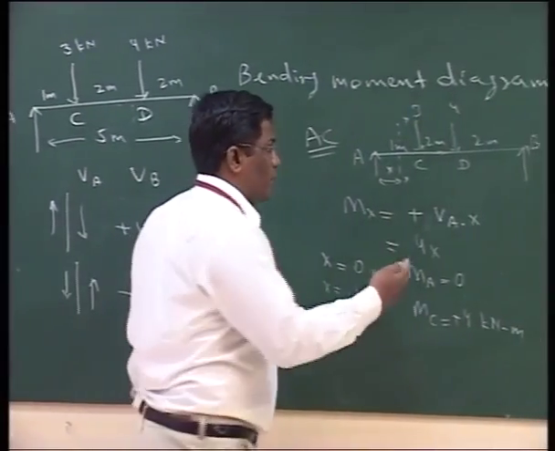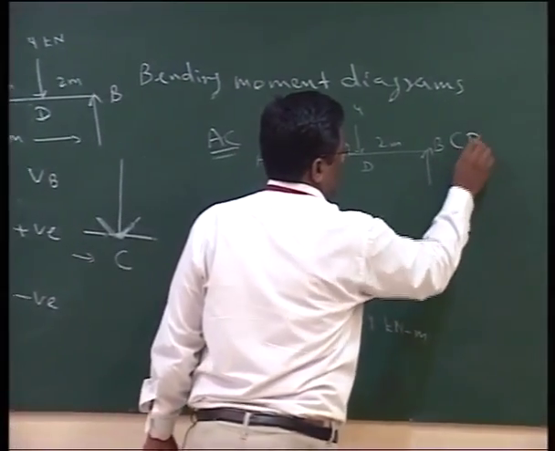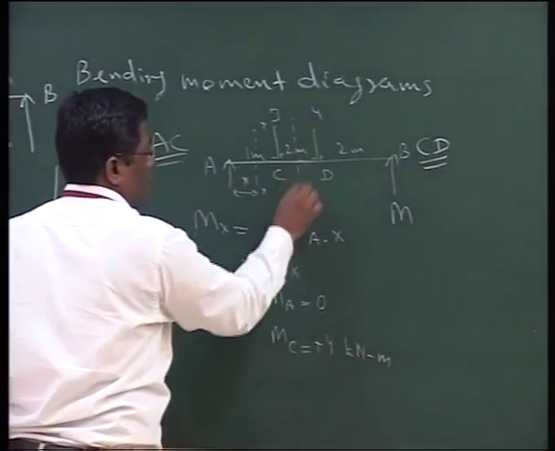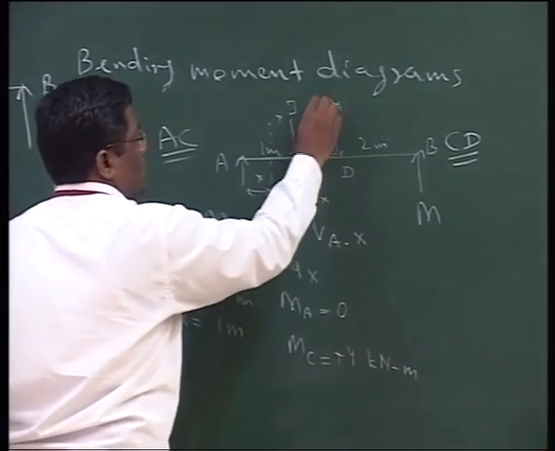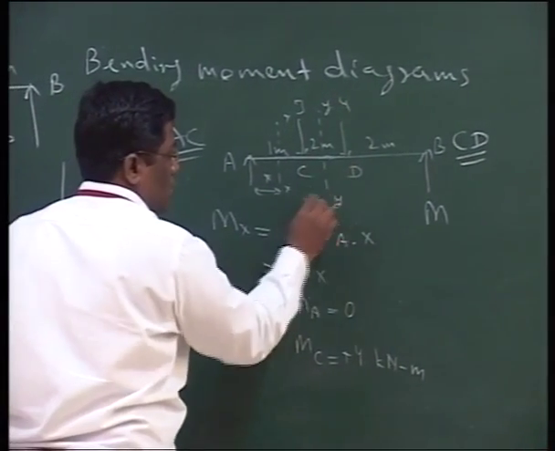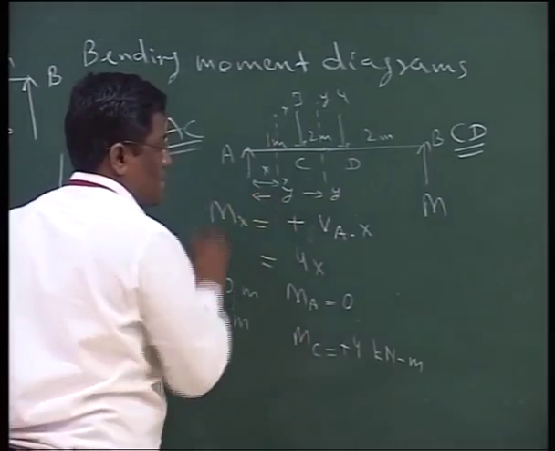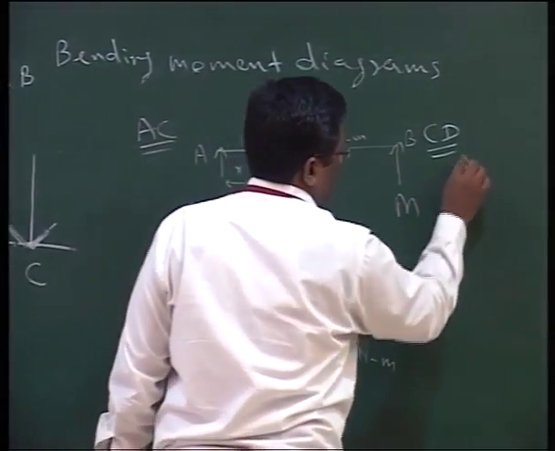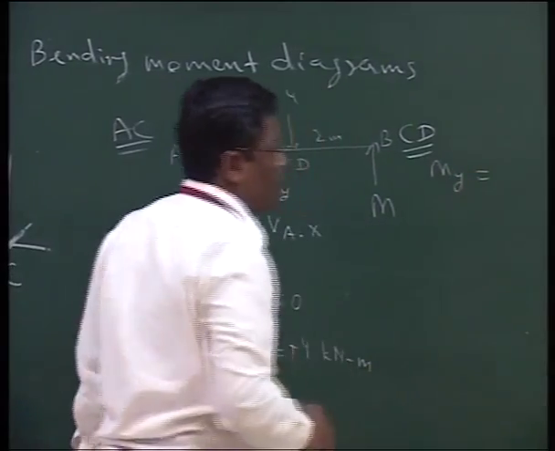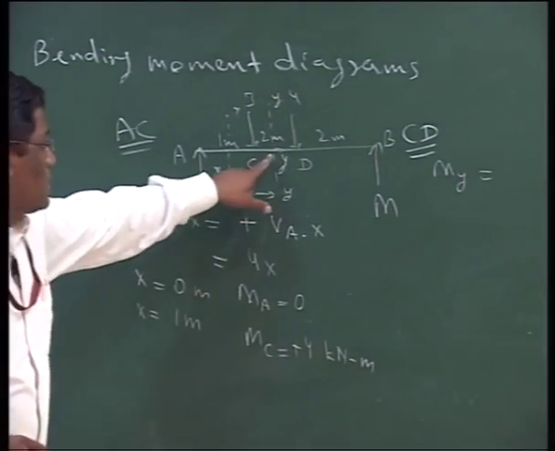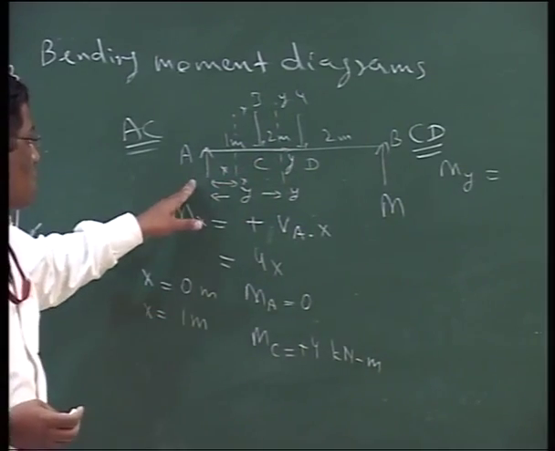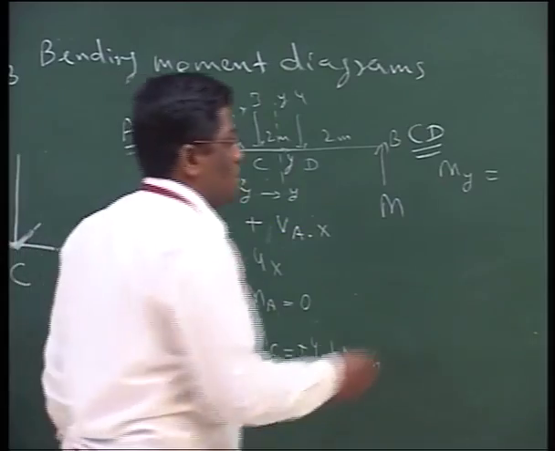Now we talk about the portion CD. In the CD portion, once again, if we take a section, let's say it is YY situated at y distance, then at this particular point, if we are talking about the bending moment My, on the left side there are two forces. The first force is VA and the second one is 3.